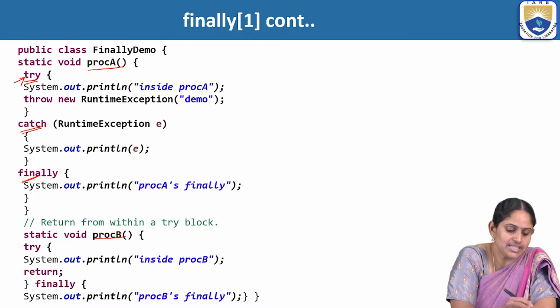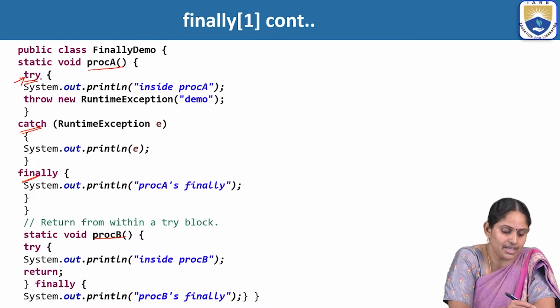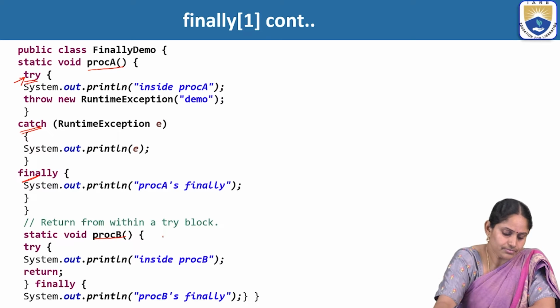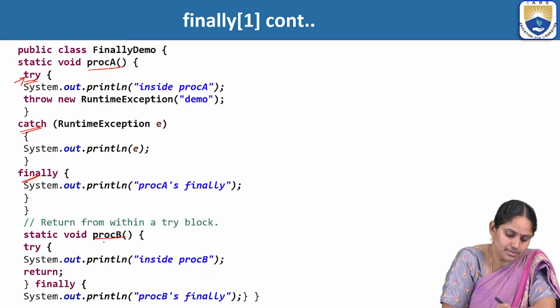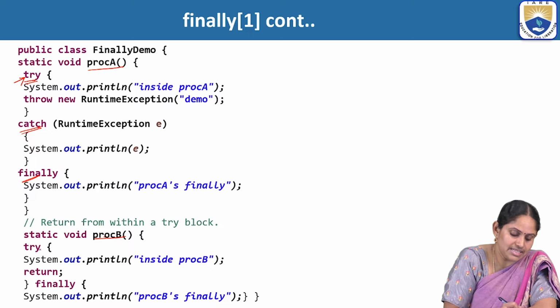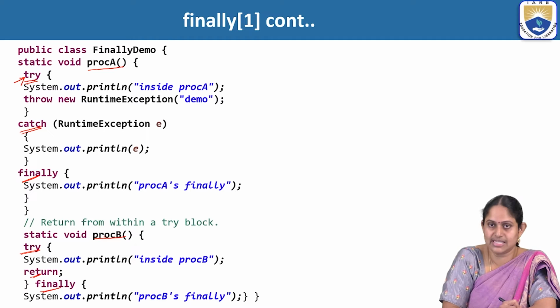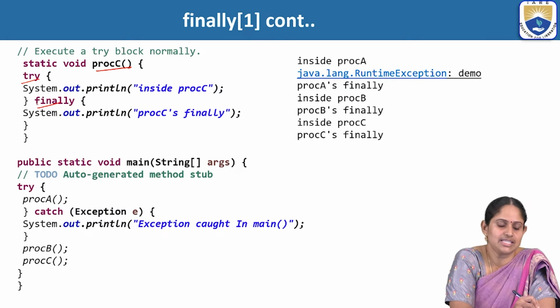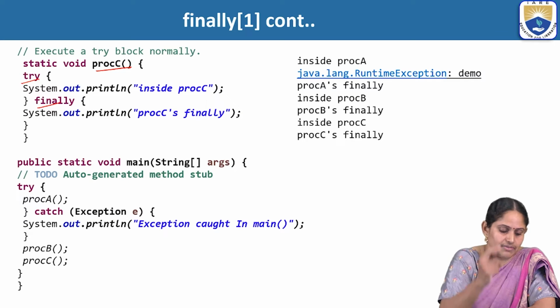So inside A, we have exception handling with try, catch, and finally. Then we have procedure B, inside which we have a try block and a finally block. Here we have the return statement also; we'll see how it works. And inside procedure C, we just have a try and a finally block. Here we don't have the catch block, we just have the finally block. All these ways are acceptable in Java.